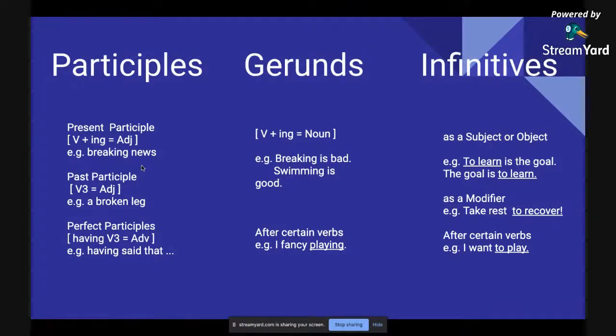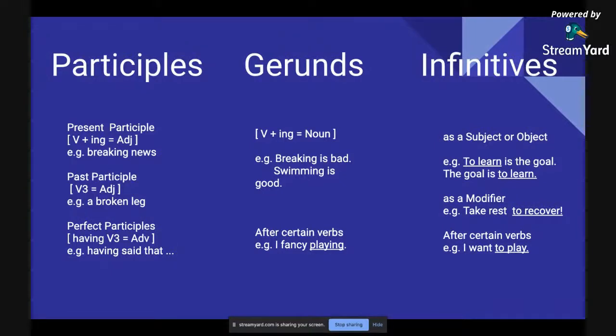Present participle is all about adding -ing after the verbs, and the meaning it gives to a sentence is usually similar to an adjective. It describes some nouns. Past participle also gives this descriptive explanation and is done with the verb 3 version of a verb.